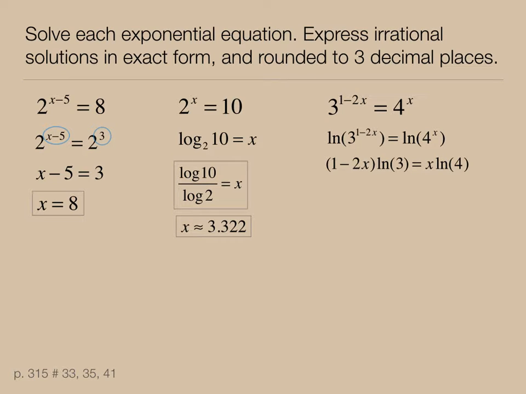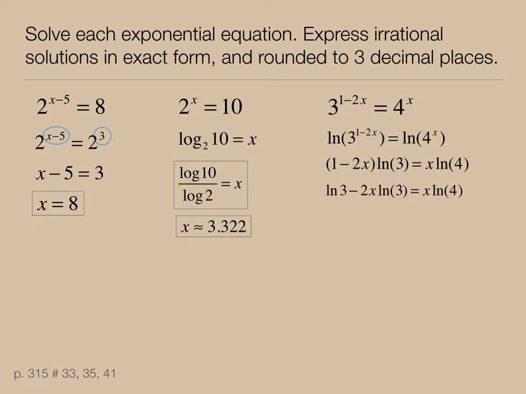And I can see that I can apply the distributive property and get natural log of 3 minus 2x times natural log of 3 is equal to x times natural log of 4. Now, just like with regular algebra, when you have an x on both sides of the equation, you're going to want to rewrite it so that it's on one side of the equation.